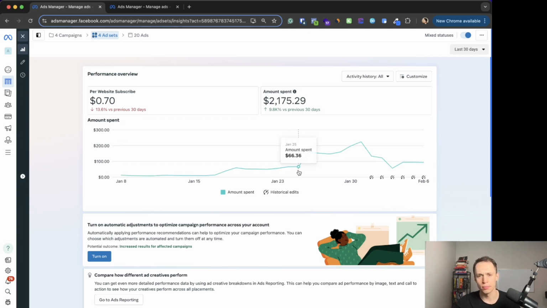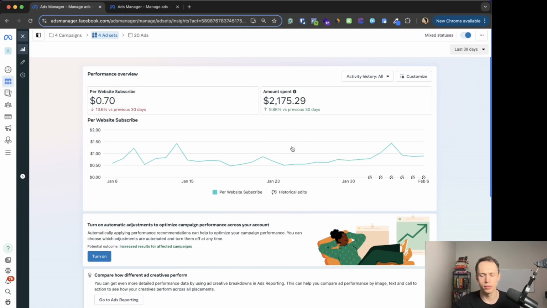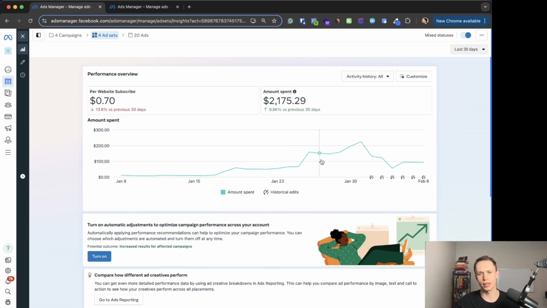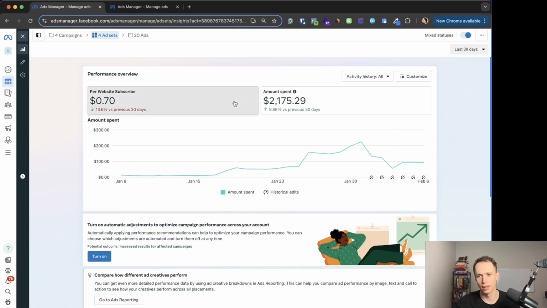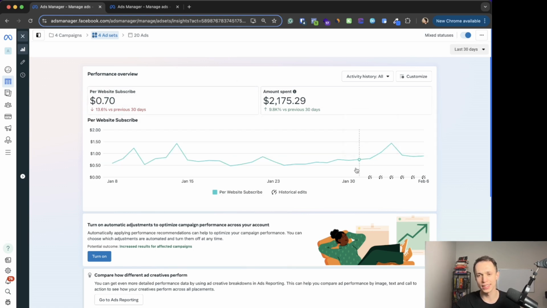So we increased it to $150, and we saw really good cost per result. We saw that we're getting really good, high-quality subscribers, with a 50 to 60% open rate and 5 to 7% click-through rate. So really good.